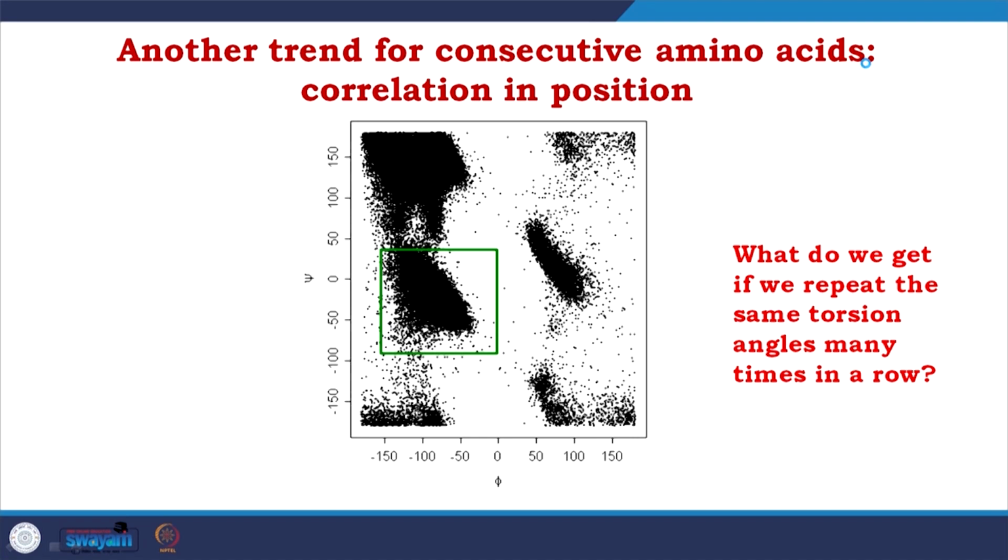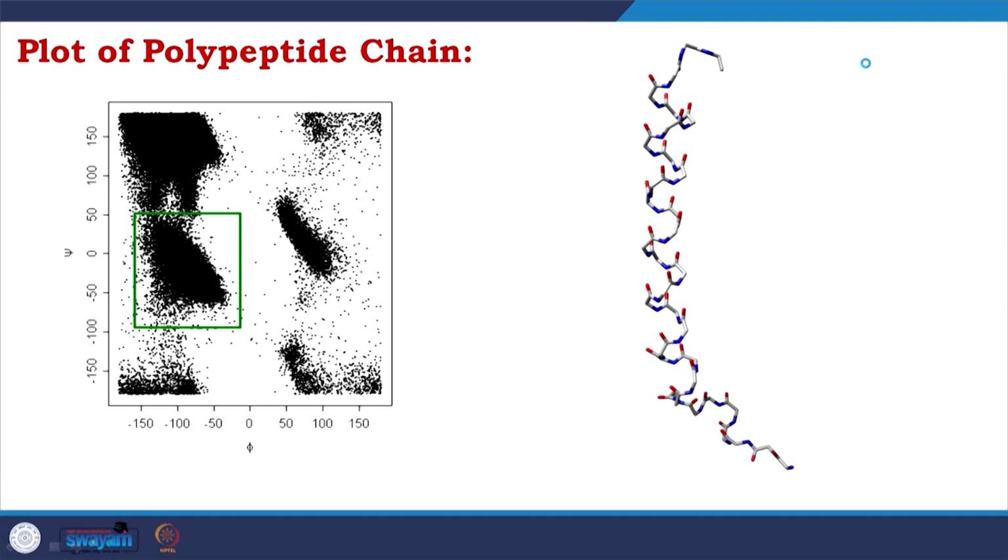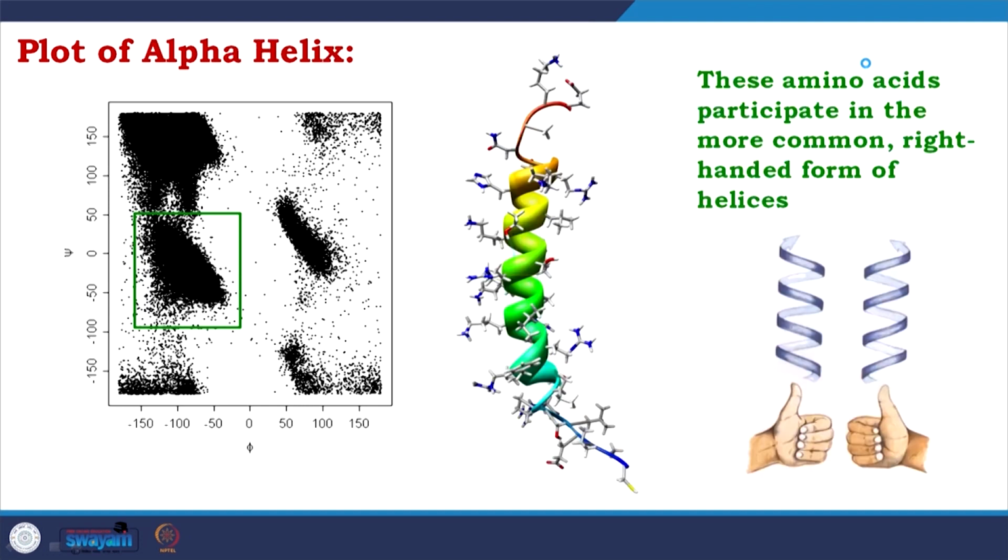Let us see that. We put a polypeptide chain which shows the trend to be restricted in the green highlighted region. That is the alpha helix. This amino acid chain participates in the more common right-handed form of helices.